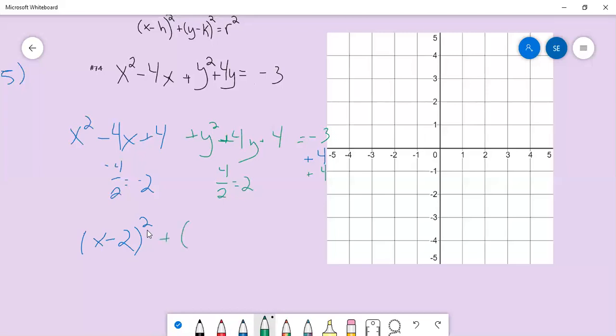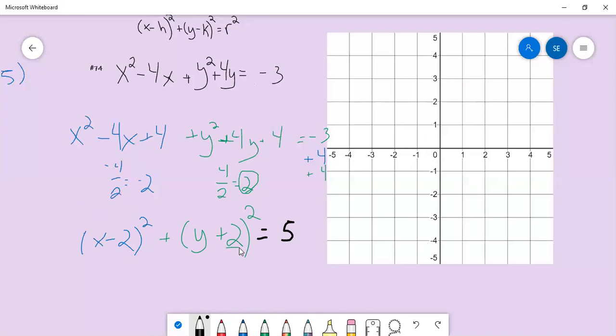If we factor this, this becomes y plus 2 squared. Again, the term that we got when we divided our middle term is what goes here. And then -3 plus 4 is 1, plus 4 is going to equal 5. So all of this is equal to 5.